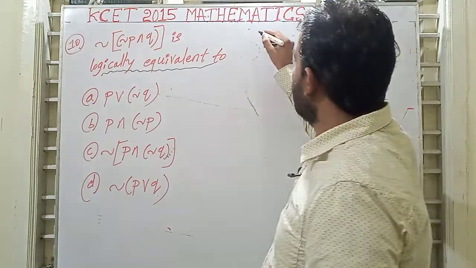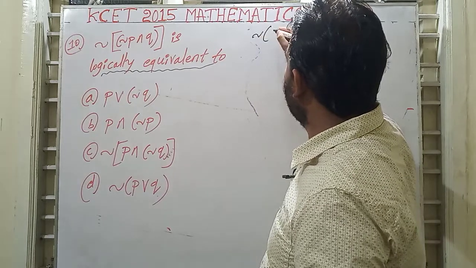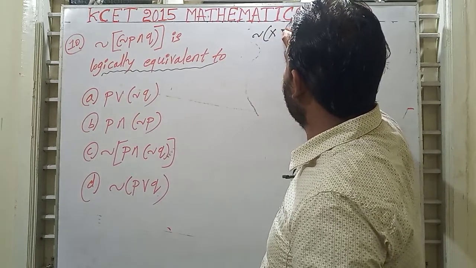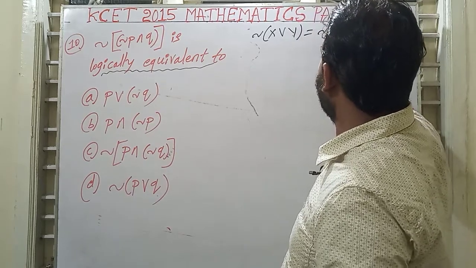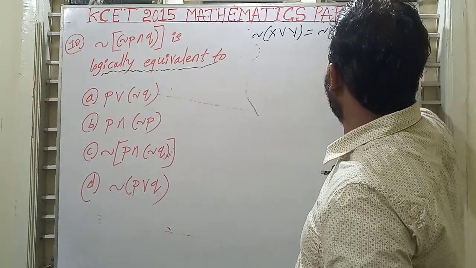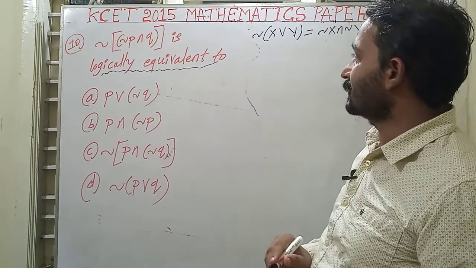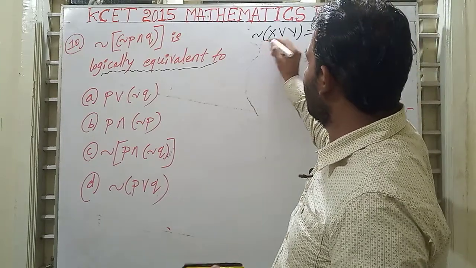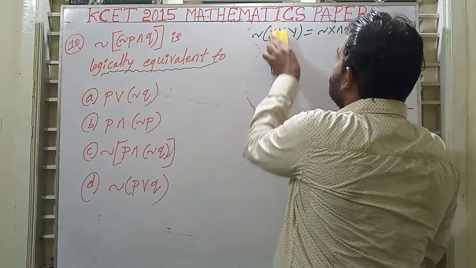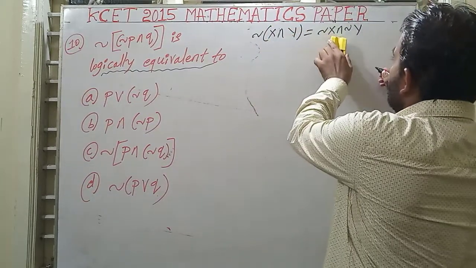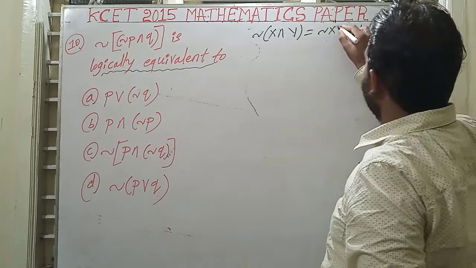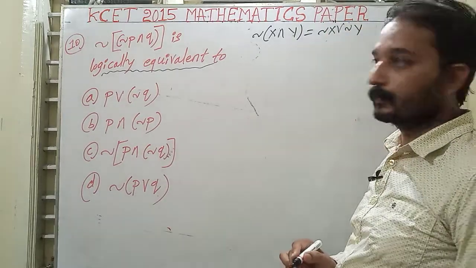Similarly, negation of x or y is equal to negation x and negation y. This is De Morgan's law. One more De Morgan's law, reciprocal: negation of x and y can be written as negation of x or negation of y.